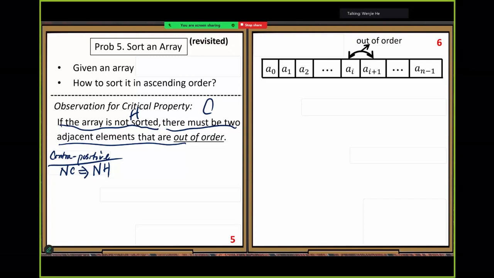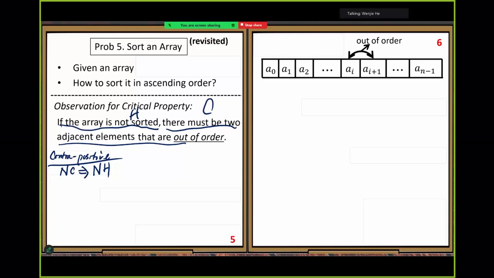So you negate the conclusion first. The conclusion says there must be two adjacent elements out of order. Negating this statement, the whole sentence is wrong, which means all adjacent elements are in order, in ascending order.